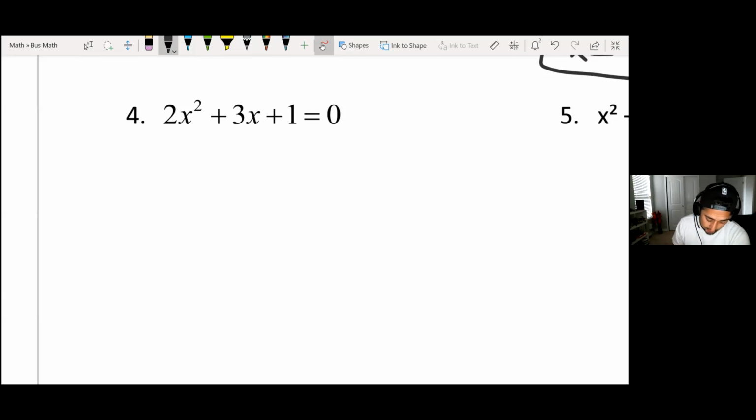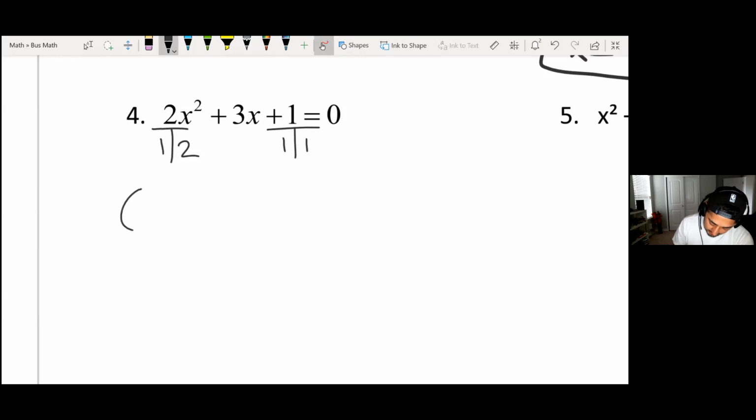Okay, so number 4, 2x squared plus 3x plus 1 equal to 0. These ones aren't too hard to factor. You just have to know the factors of the leading term's coefficient. So 2, easy enough: 1 and 2. Factors of 1 are 1 and 1. Now our signs are plus plus.